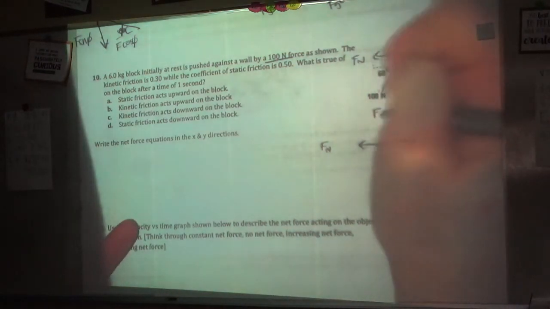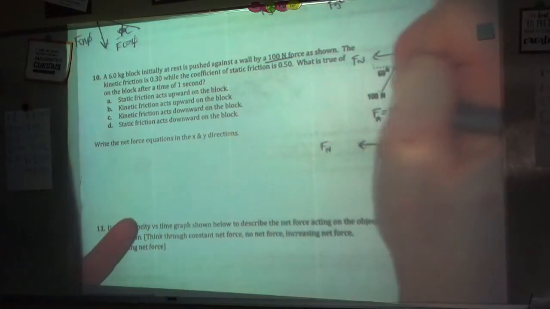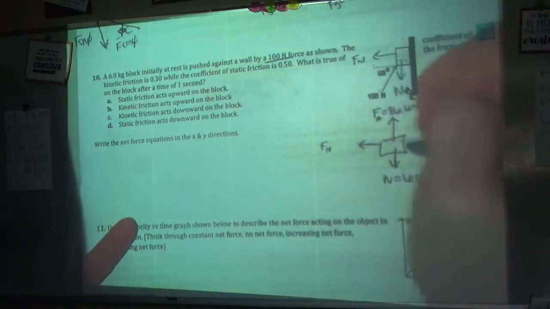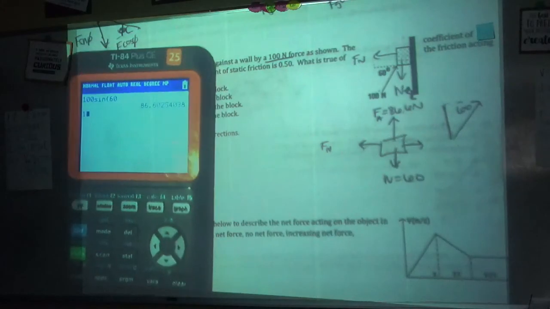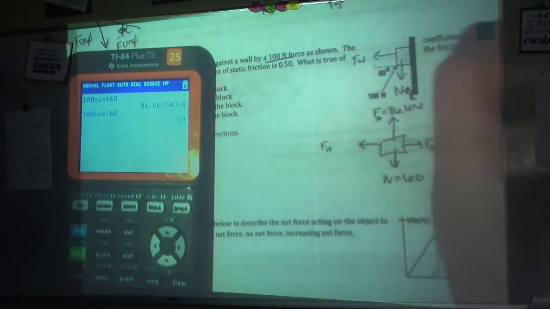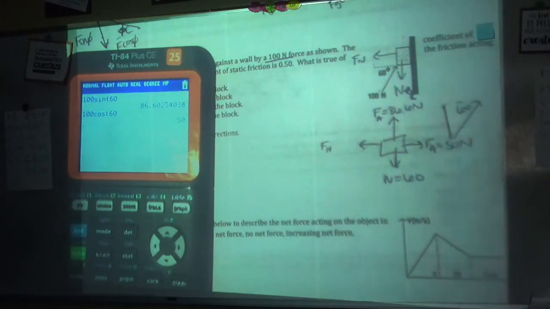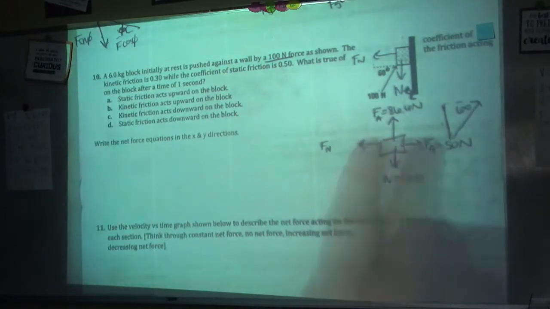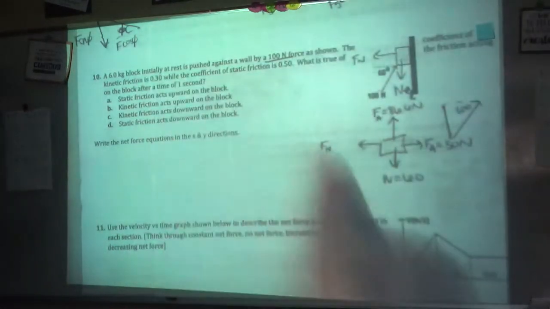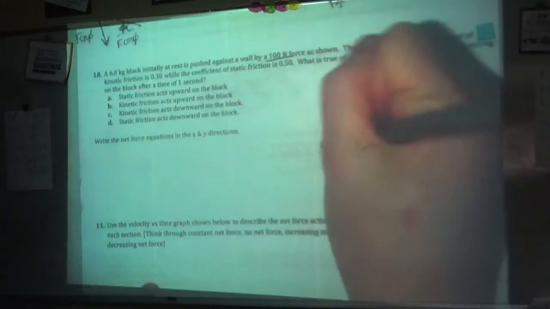So F applied would be 86.6 newtons up, and to the right would be 100 cosine of 60. So F applied in the X direction would be 50 newtons. Now it's not accelerating into the wall or out of the wall, so then the normal force has to be 50 newtons.